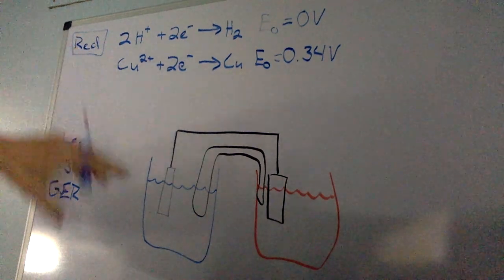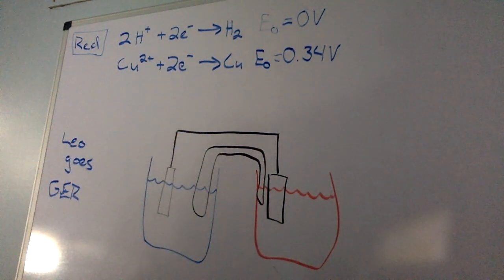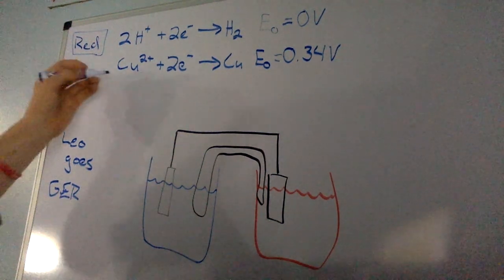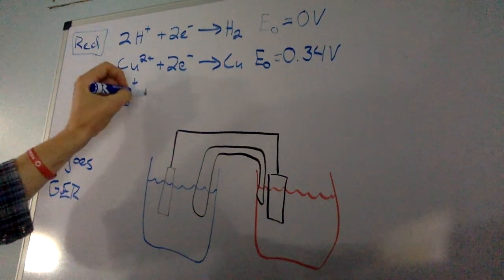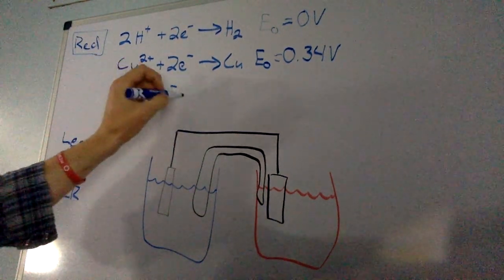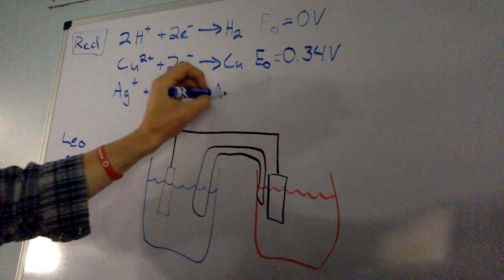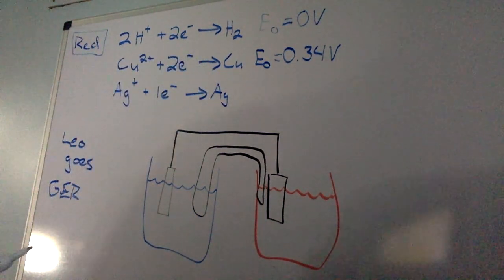Okay? Then let's look at one more. Again, as I said, we generally like metals a whole lot more in our batteries, so let's look at silver. Silver, Ag plus, could gain one electron and become Ag0, or silver metal.